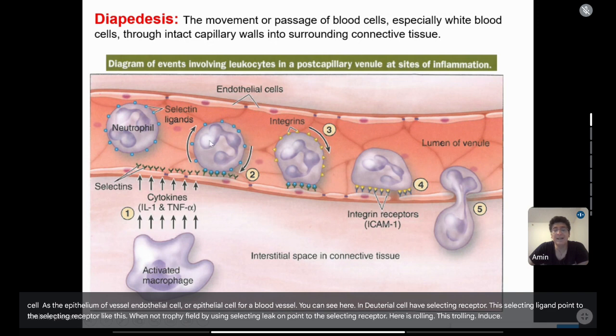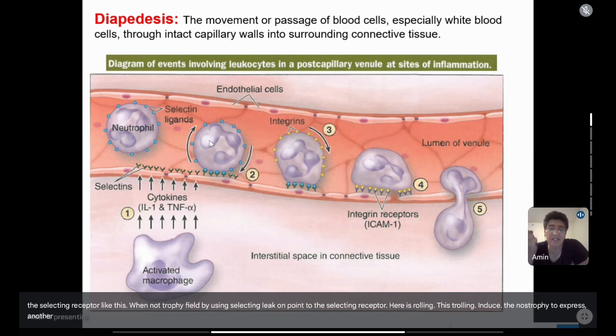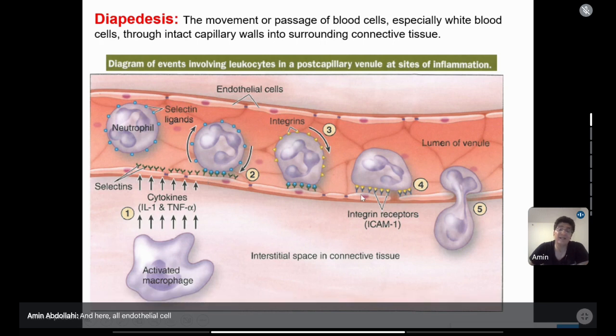This rolling induces the neutrophil to express another type of ligand, integrin. You can see here integrin. And here all endothelial cells have receptor for integrin. In the next step, integrin ligand binds to the integrin receptor located on the surface of endothelial cell.